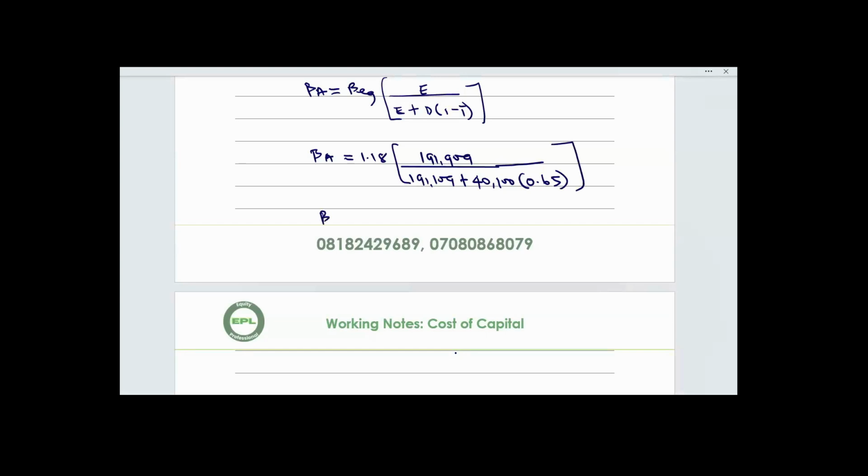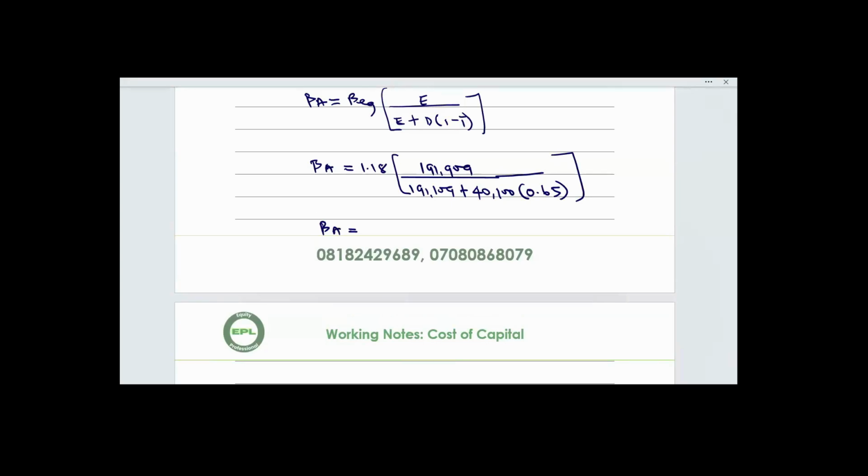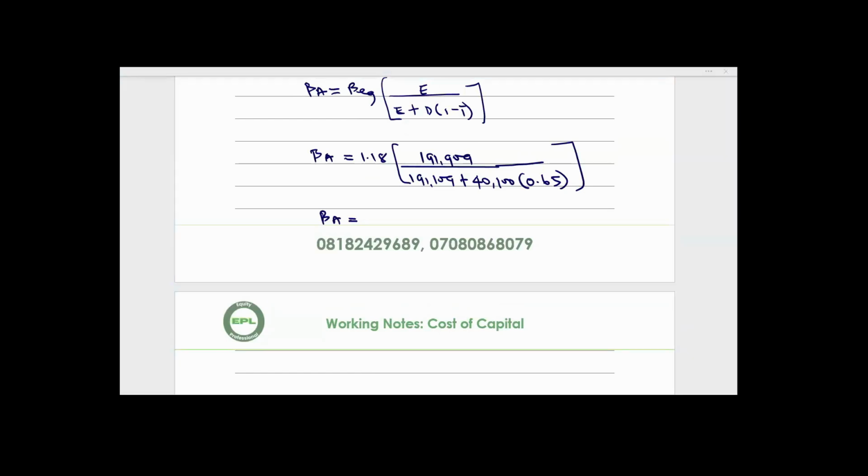Then asset beta equal to, you start from the denominator: 0.65 multiplied by 40,100, then plus 191,909. That gave us 217,974.